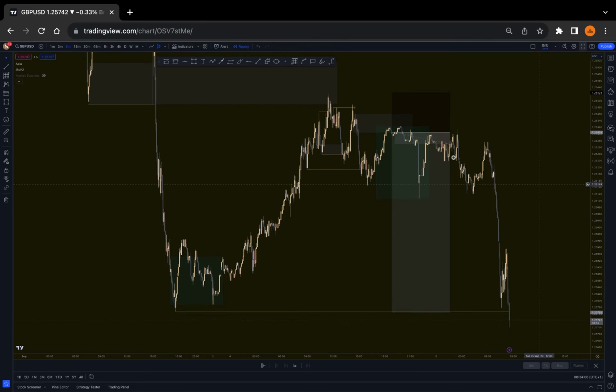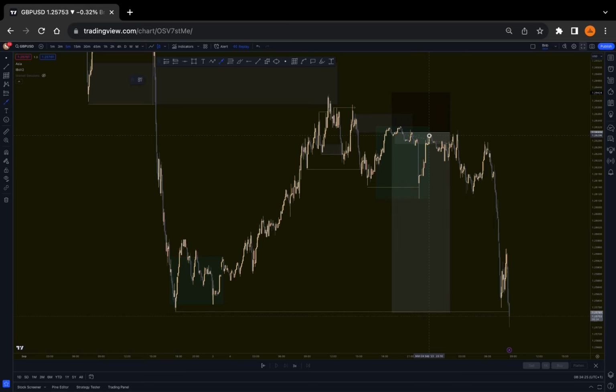Oh yeah, do you still want to get another entry here? Is this not a break of structure? Price broke the structure, moved back, took liquidity here.